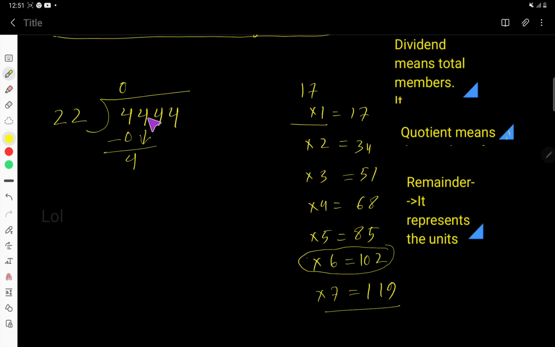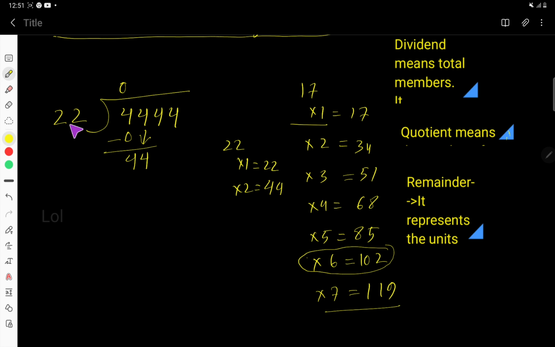Bring down the second figure, 4. 22 goes into 44 how many times? Look, 22 times 1, that gives us 22. Just add 22, 4, 44, right?